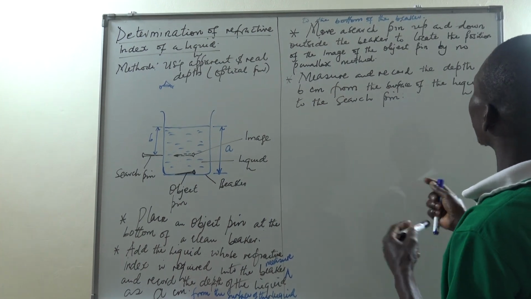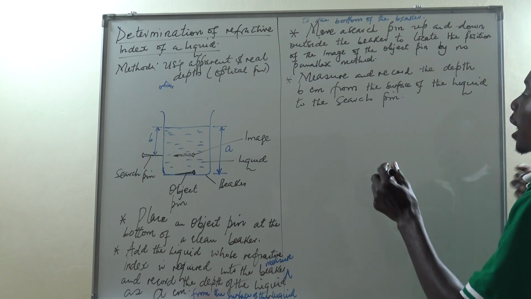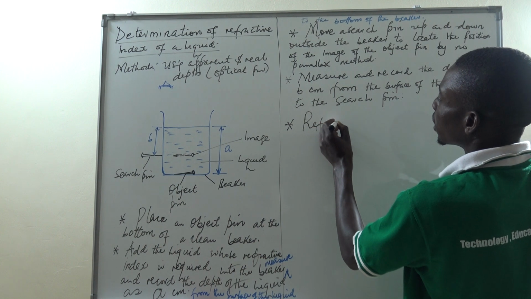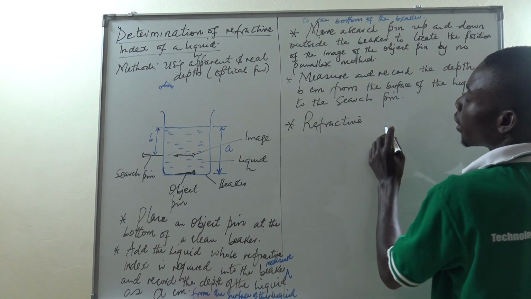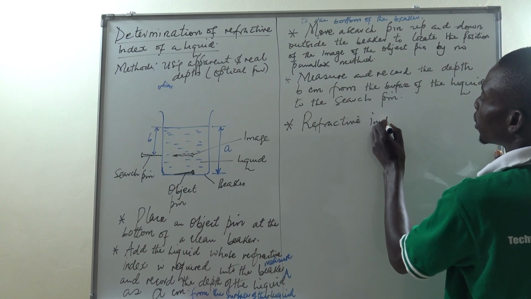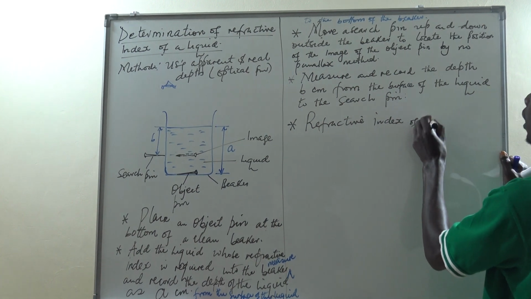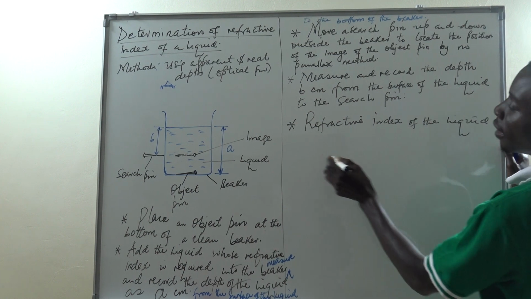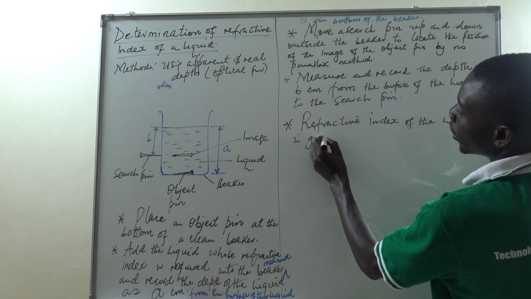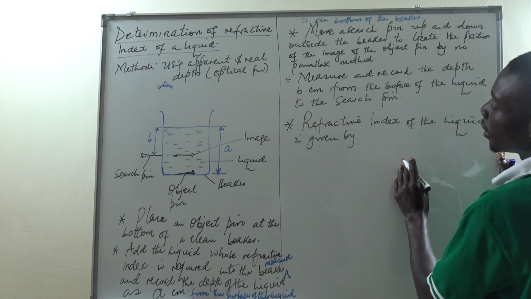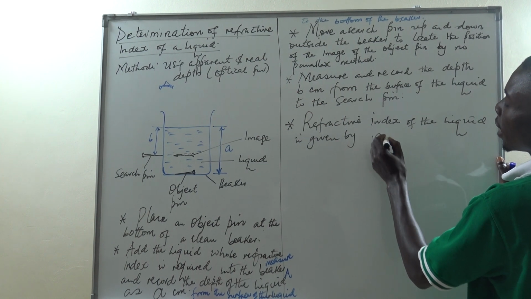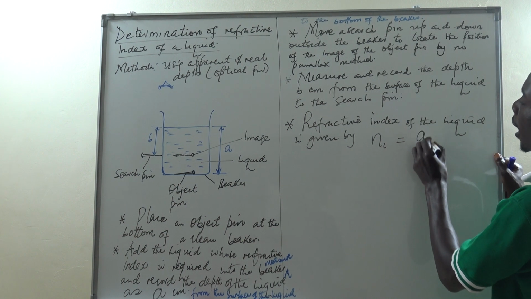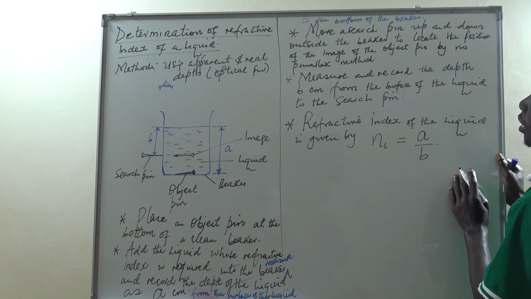So after measuring and recording the depth as B, you then say the refractive index of the liquid is given by n equals A over B. Okay?